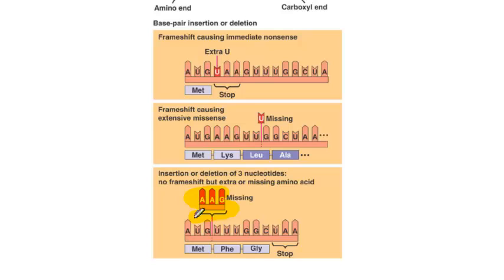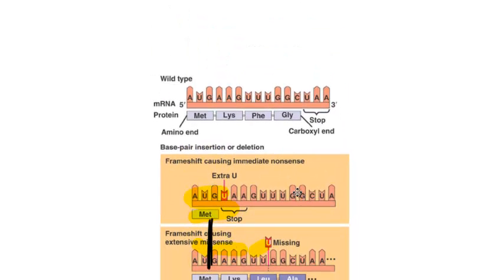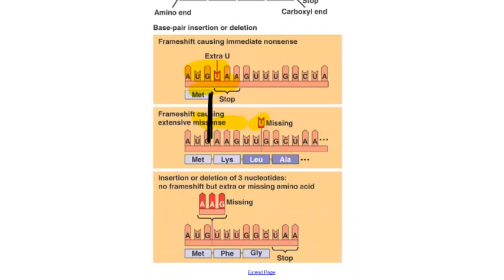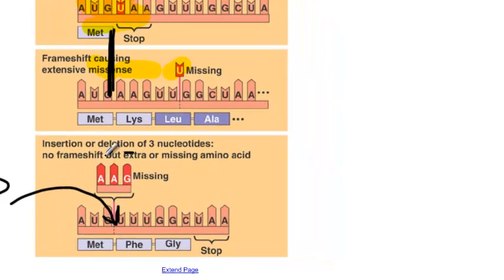So we still have methionine, and we still have the phenylalanine and the glycine, but we're missing the amino acid that came between them. If we look back at the original one, the one that's missing is the lysine. So the lysine was supposed to be there, coded for by AAG, but now it's missing.